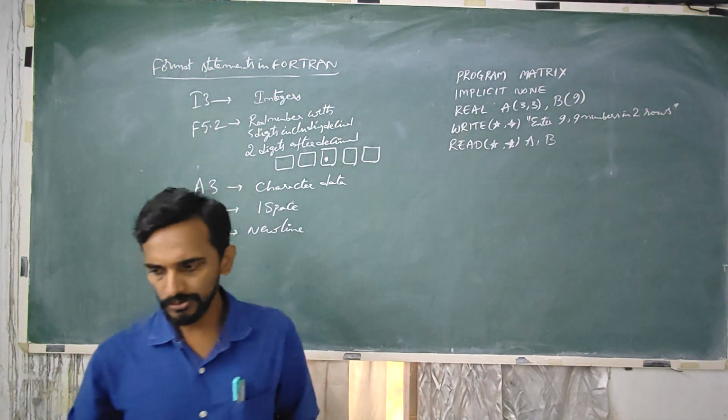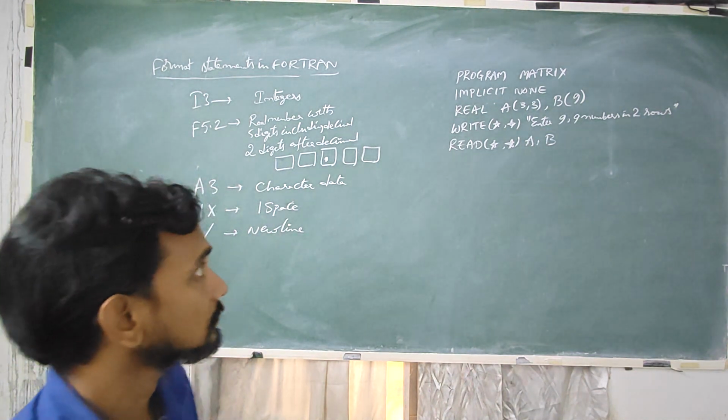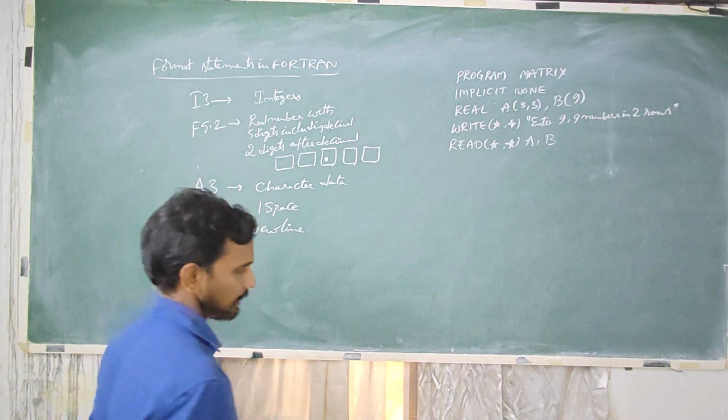So one set stores in a 3 by 3 matrix, another set stores in a 1 by 9 matrix.